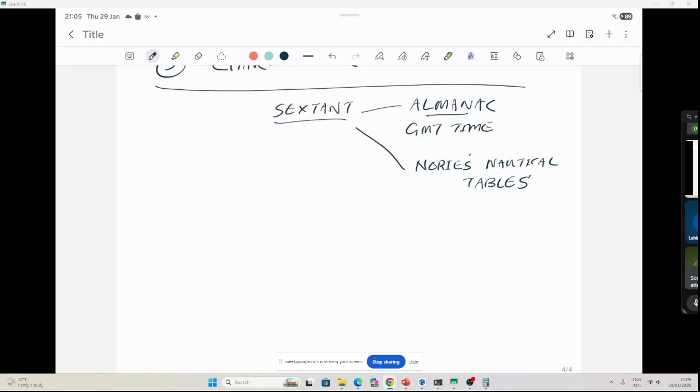The present day clocks, and earlier the old navigators were using something called a chronometer.